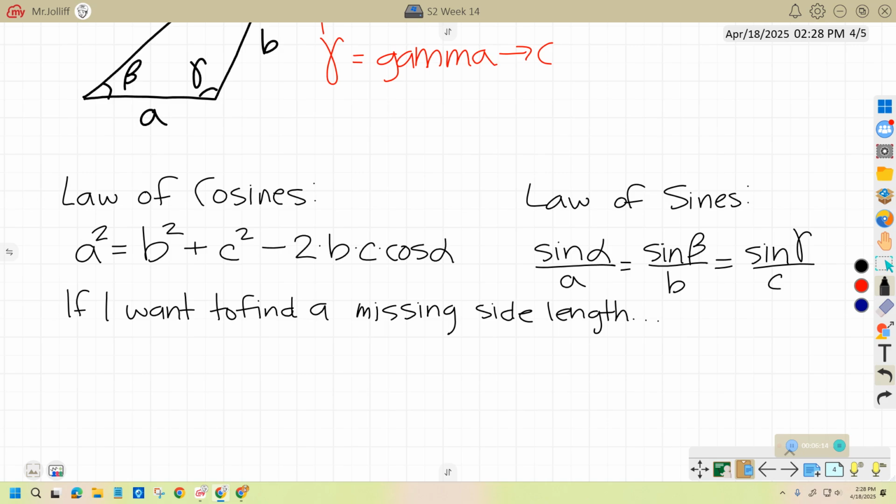If I want to find a missing side length, what do I need in order to use each equation? There's two possible answers. Law of cosines is going to tell us one thing, and law of sines is going to tell us a different thing. So I'm going to split this into two.